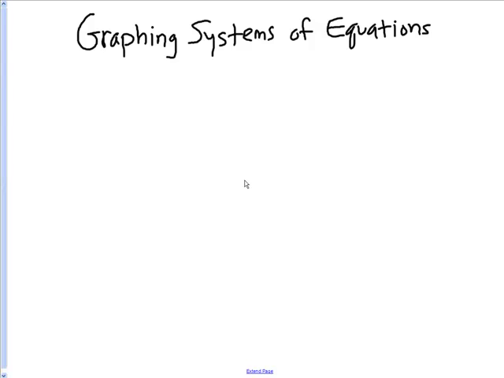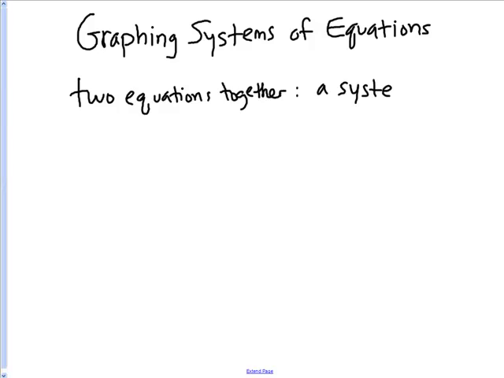Today we're going to talk about graphing systems of equations. Now, a system of equations is a situation in which two equations are together. So we have a system.